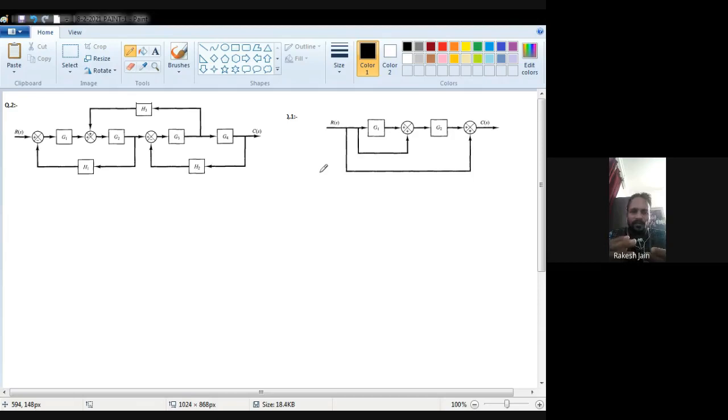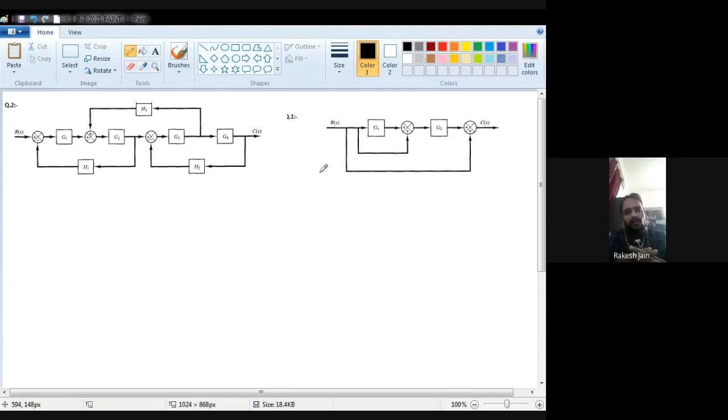As we know, there are certain rules whenever we use the block diagram reduction technique. One is, whenever blocks are in cascade, just multiply those blocks. The second rule is, whenever blocks are in parallel, just add them.